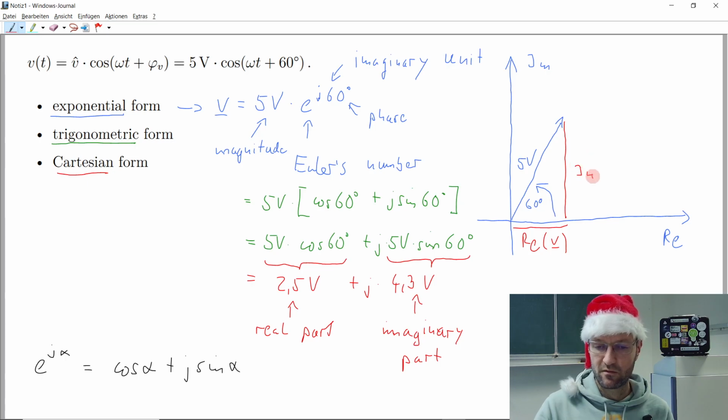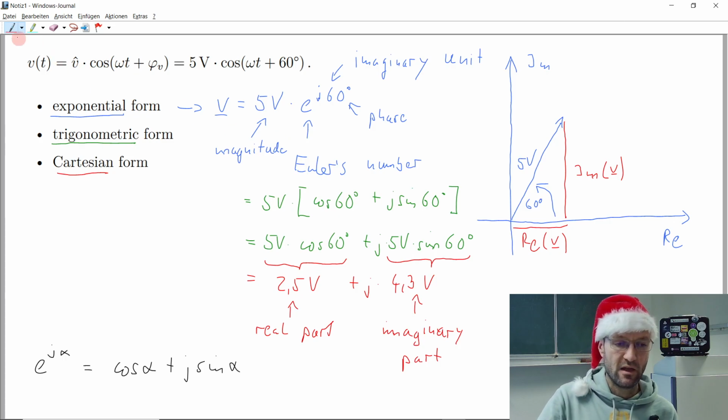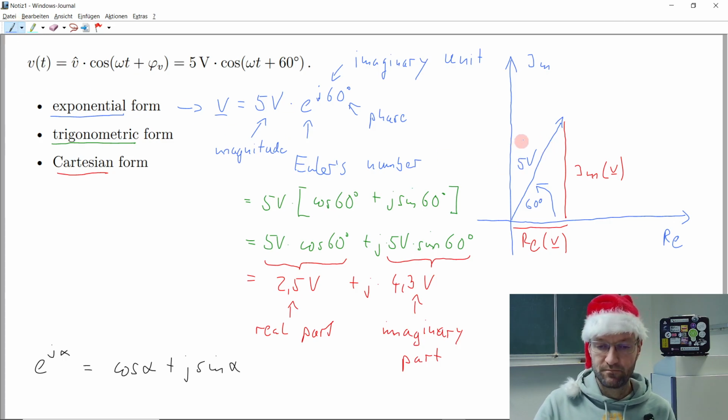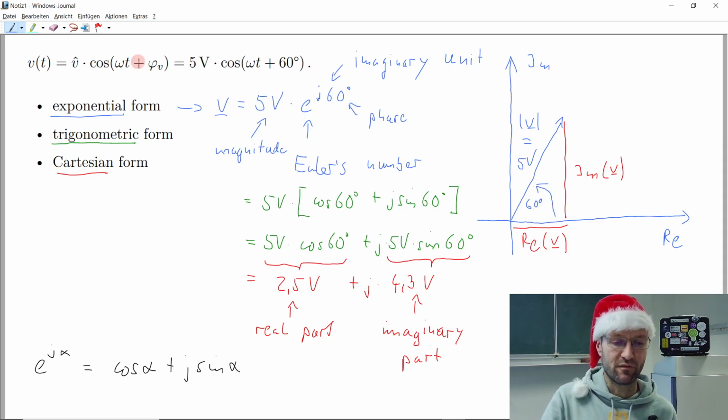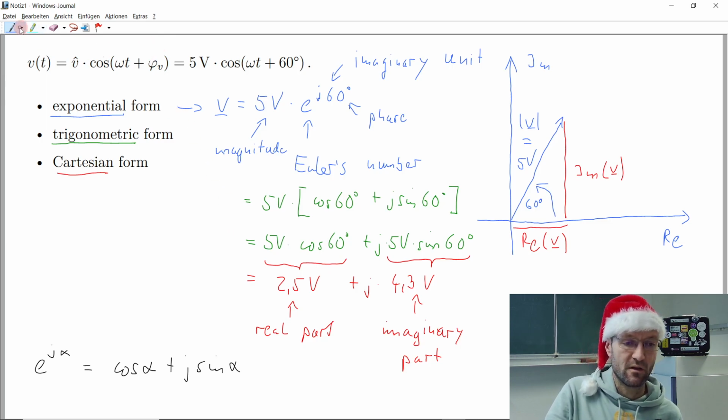This is the imaginary part of our complex voltage phasor, and the 5 volt here that we have written on top, this would be the magnitude of our complex voltage phasor, the 5 volts. And yeah, the 60 degree is like the phase, right? The phi here on top. This is the small Greek letter phi.